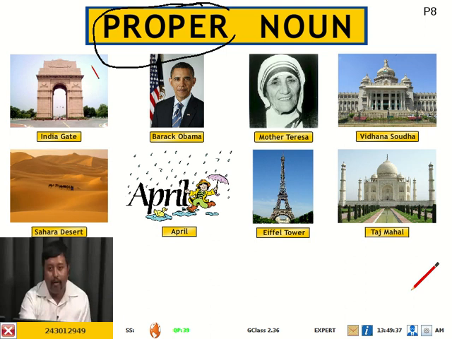It's a proper noun. So the words in nouns that indicate names, those nouns are called proper nouns. Say, what is your name? Whatever your name is, that is a proper noun. Okay? So, understood everyone? This is called proper noun.